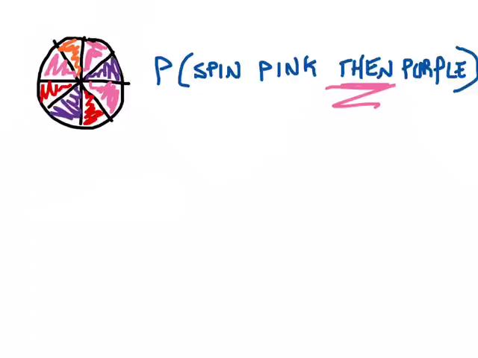And at this point, it's just the 2 individual probabilities. Spinning pink, then purple is the probability of spinning pink times the probability of spinning purple. So, spinning pink, it looks like there's 3 out of 8 spaces are pink, and I'm going to be multiplying that by the probability of spinning purple, which is 2 out of 8, or 1/4.